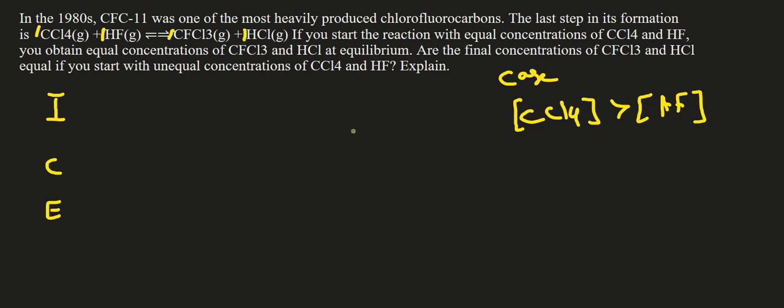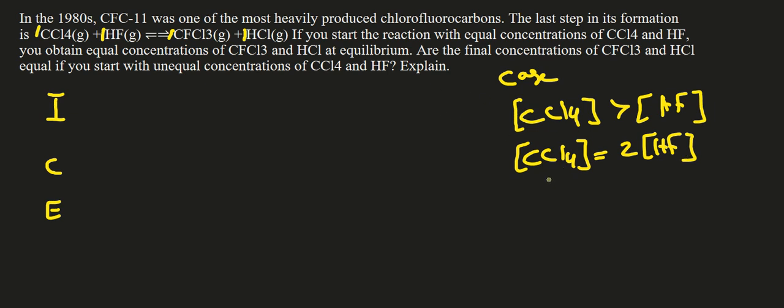So we're going to assume some arbitrary numbers. Let's say that the concentration of CCl4 is twice the concentration of hydrochloric acid.